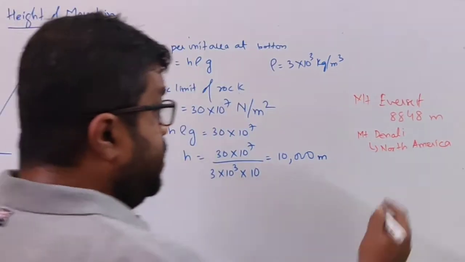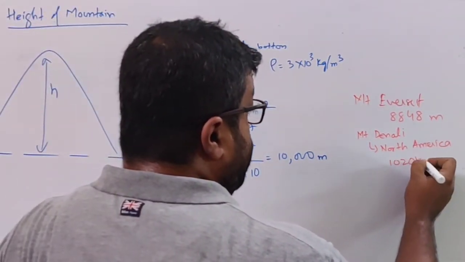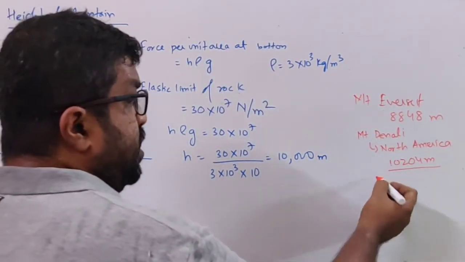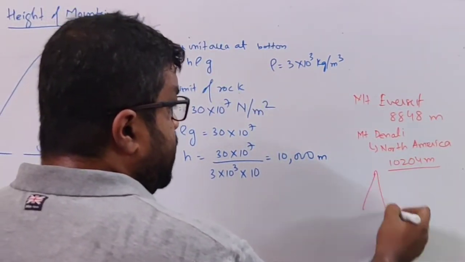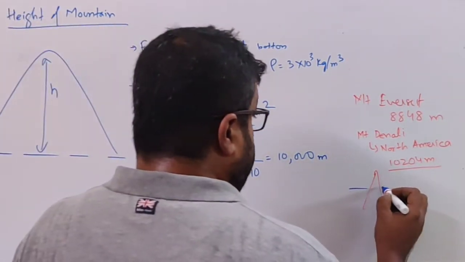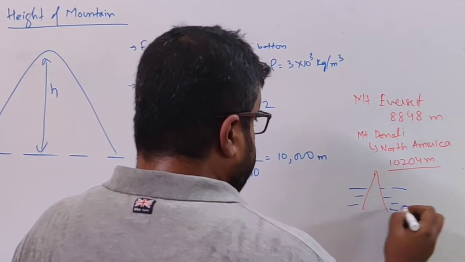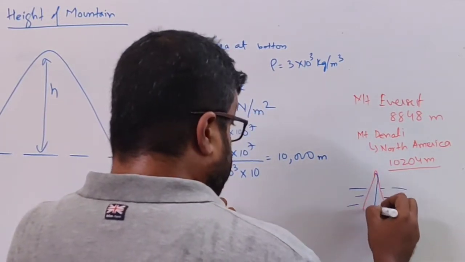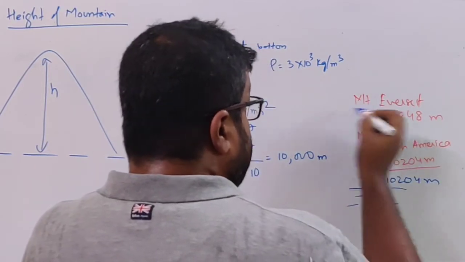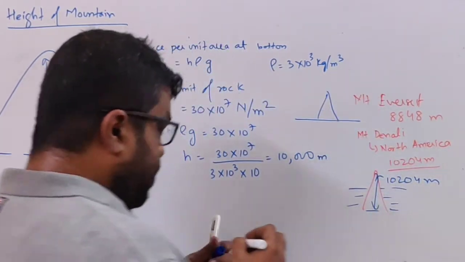Its height is 10204 meter. But a large part of this mountain is within water, so from this point to this point, the height is 10204 meter. Now regarding Mount Everest, it is completely above water.